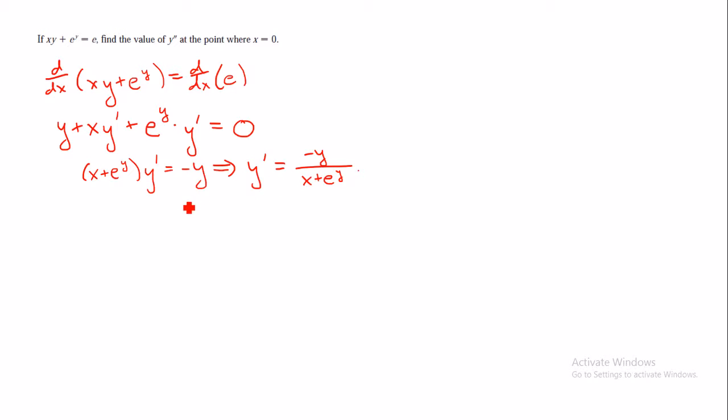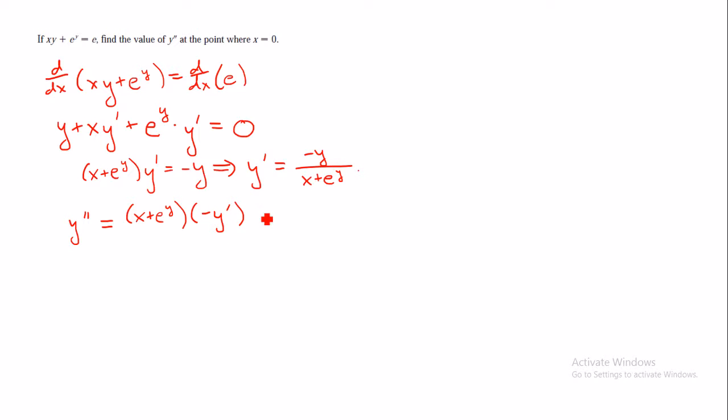Okay, so now we can find y double prime, and this should be given by, I need to use a quotient rule now, so I'm going to take the derivative of this. So low is left alone. D high, so derivative of high is negative y prime.